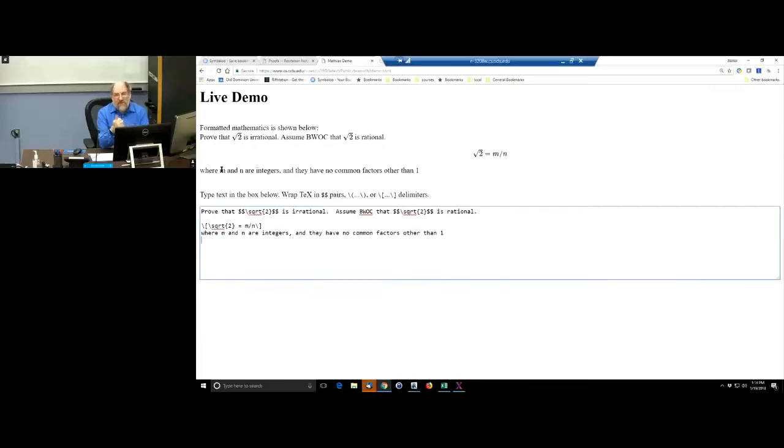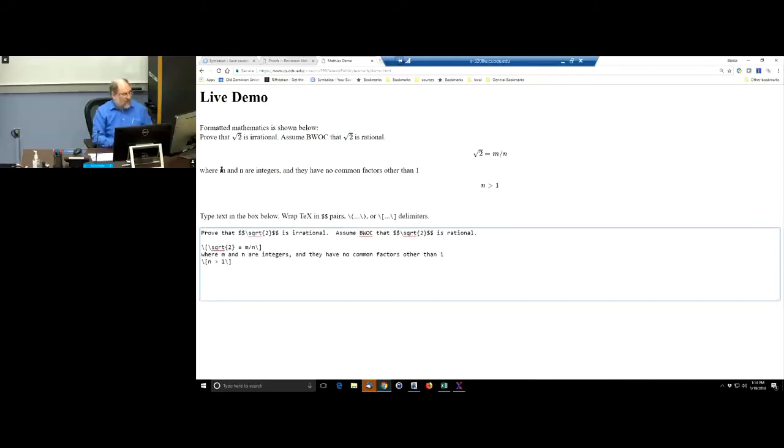Well, 0 squared is not 2, 1 squared is not 2, 2 squared is not 2. And we know the square root can't be larger than the integer you're taking the square root of. So that's as far as we need to go. We can claim with some justification that n must be greater than 1 and rule out the integer case.